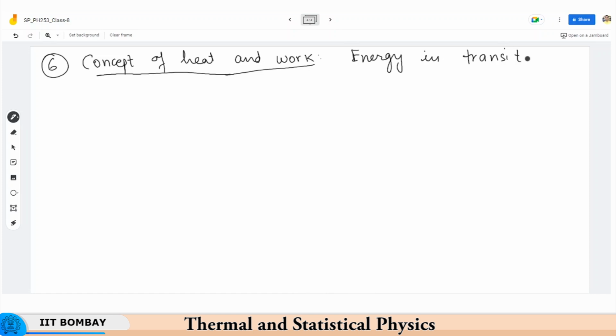Okay. And what is the difference between heat and work, right? So heat is energy in transit when the volume of the system does not change, but work we define when the volume of the system can change.